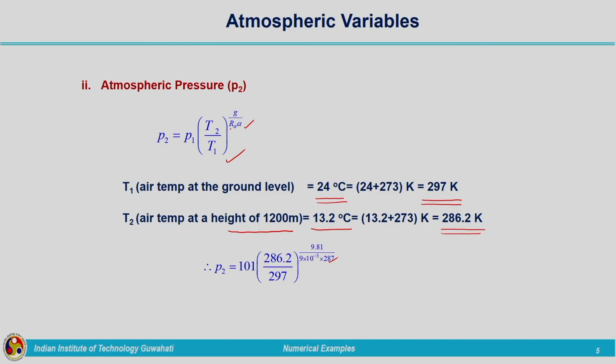That needs to be converted to SI unit, that is why we are multiplying it by 10 to the power of minus 3 here. So, this needs to be taken care of, otherwise you will not get the correct answer. So, P2 can be calculated to be 87.75 kilopascal. So, now we have calculated the vapor pressure and atmospheric pressure at the level of 1200 meters above the ground surface.